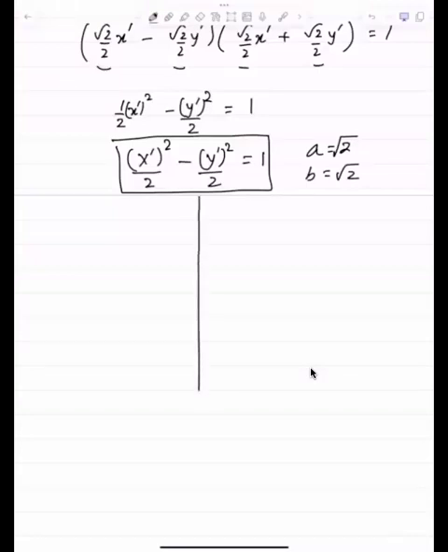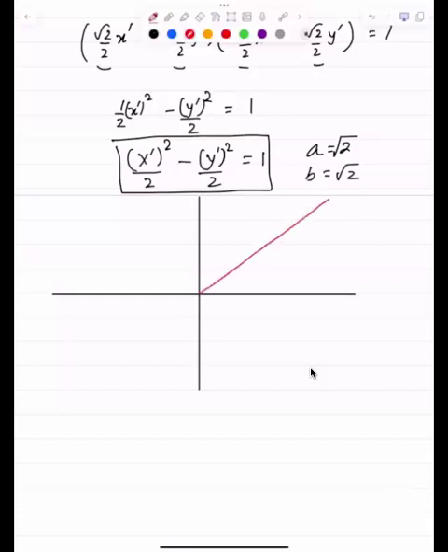So this is how we would do this. We have rotated by 45 degrees, and I'm going to put it in a different color. Same for the other side.